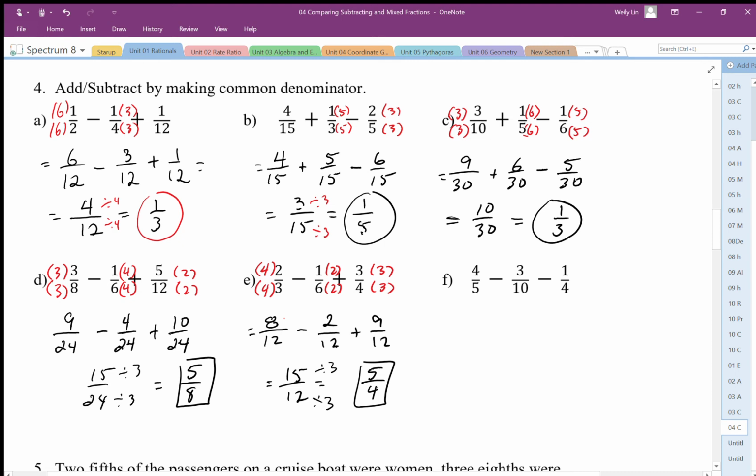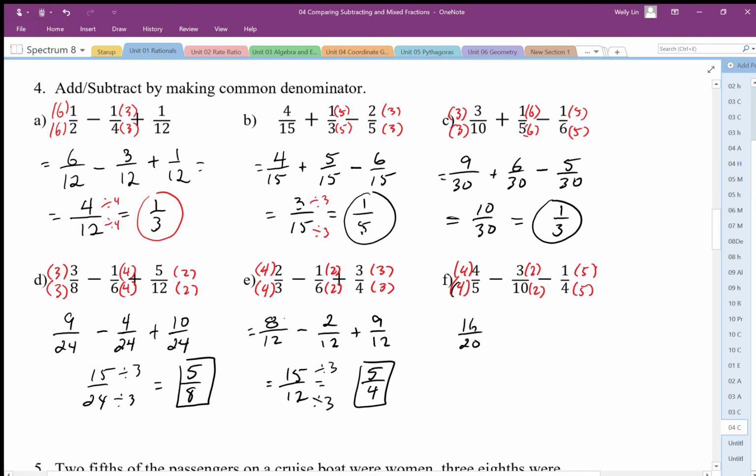Lastly here, it looks like the common denominator is going to be 20, so we're going to use our times 4, times 4, times 2, times 2, times 5, times 5, and that gives us our new fraction with the same denominator of 20.